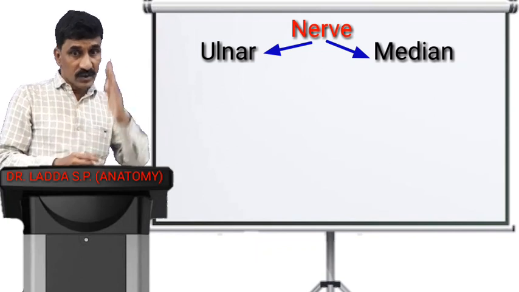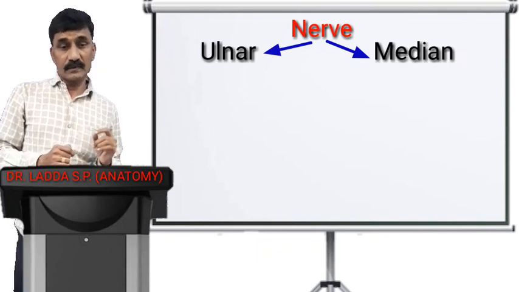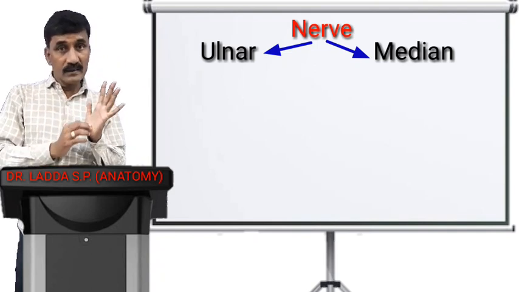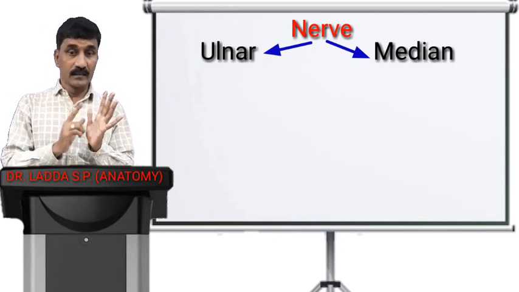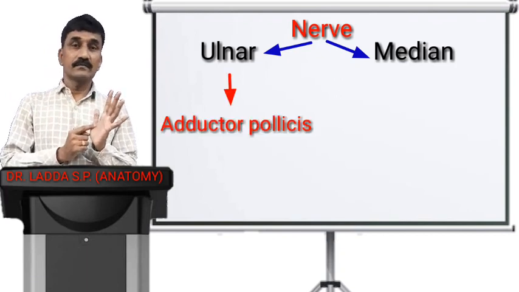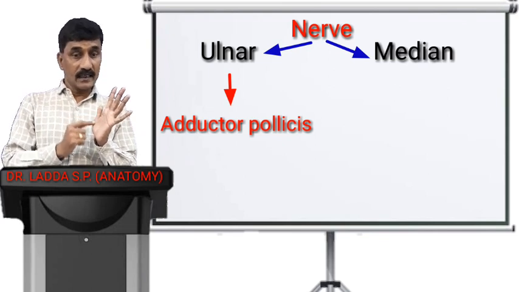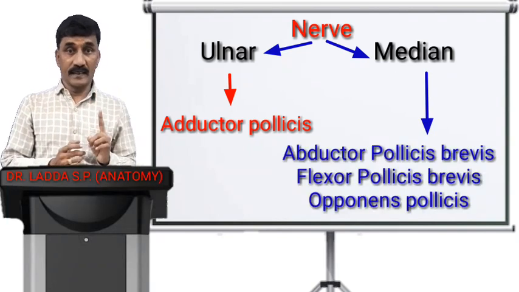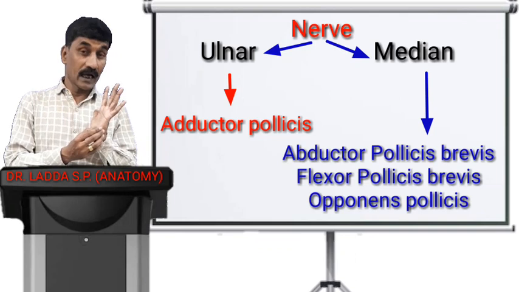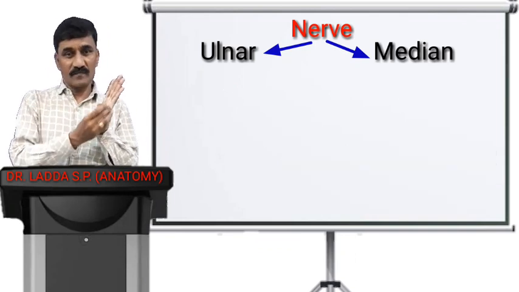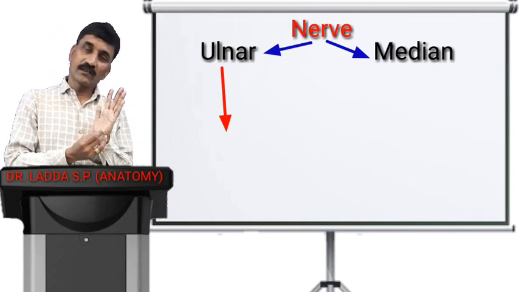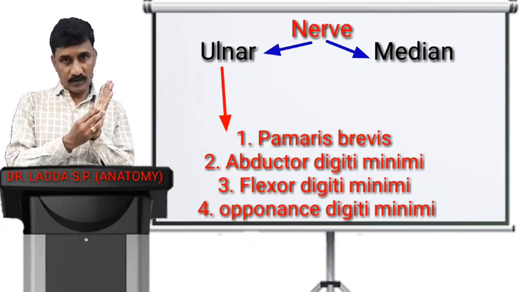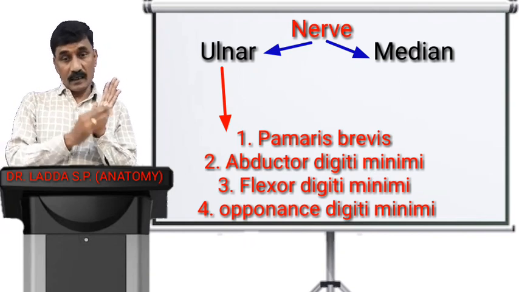Among these thenar muscles, the 3 proper thenars are supplied by the median nerve, and only one, the addition, adductor pollicis, is supplied by the ulnar nerve. Now the hypothenar is the portion for the ulnar nerve. So all the 4 muscles of the hypothenar group are supplied by the ulnar nerve.